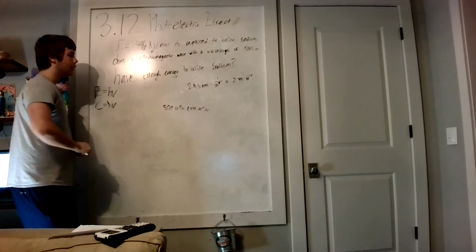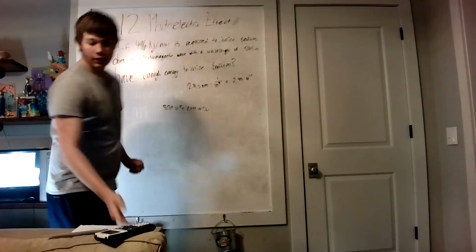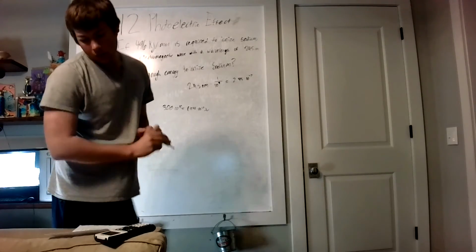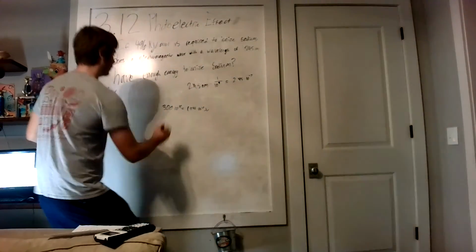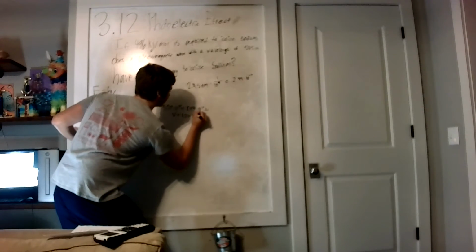So we can divide the speed of light by 2.45 times 10 to the -7th, and that gives us a value of 1.22 times 10 to the 15th.